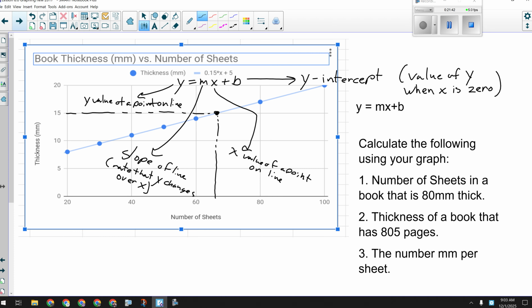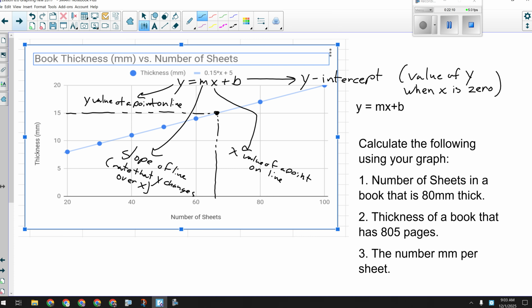I was able to figure out, because it was right on the line, what its y value is, but I don't know what its x value is exactly. I know approximately, but not exactly. I could use that equation to calculate what x is based on how steep the line is, m, and what y is, and also what b is. All of those things will allow me to calculate that.